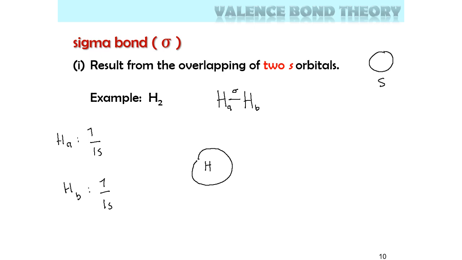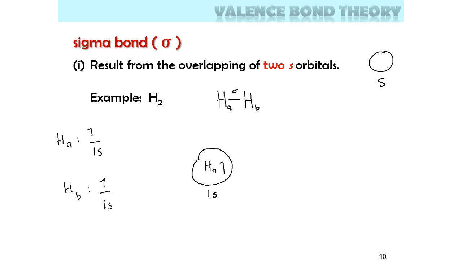This is hydrogen A, and I'll just label it for you to see it clearly and understand the drawing. Hydrogen A, you have one electron. So label the orbital. It is 1s orbital.